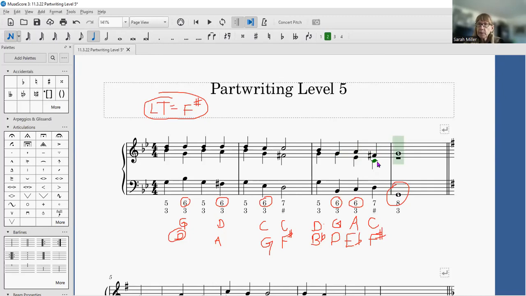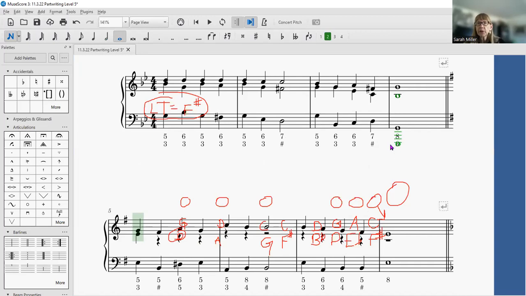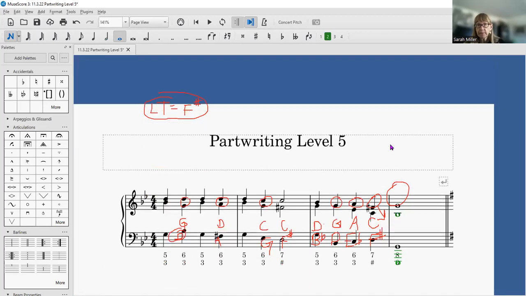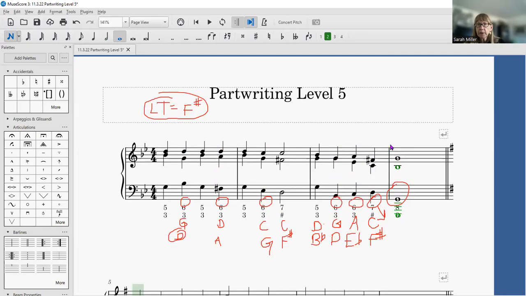Now, do you remember which way sevenths have to go? So we have our chordal seventh here, and chordal sevenths resolve down by step. So the C needs to go to B flat. And it should also be, sorry, my music moved. I think I moved too far.